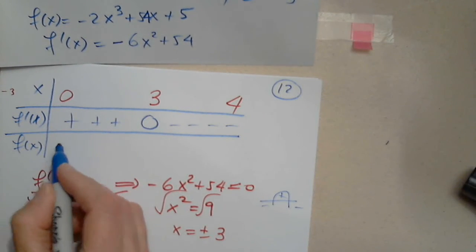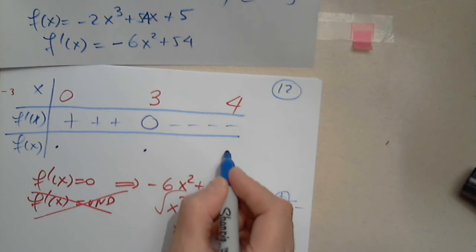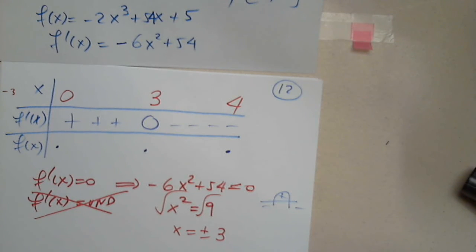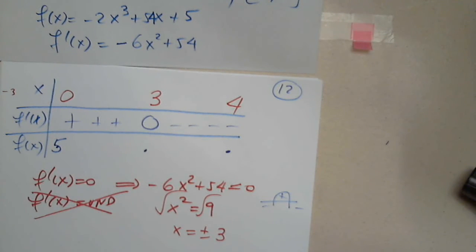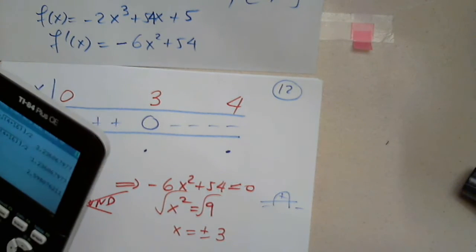At that point, I have to find these values. I know that when x is 0, I get 5. But for the other two, I'd rather use the calculator. I'm lazy.